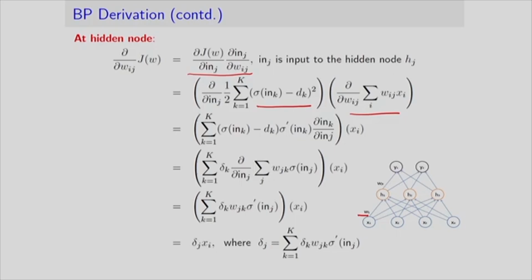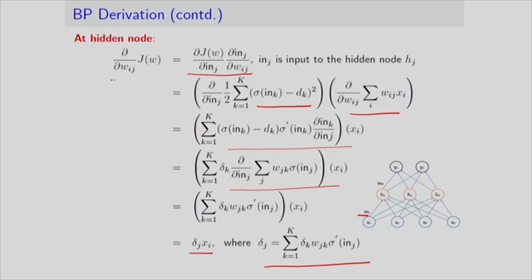So that is the Inj, and after this I have to do the mathematics. You can see all the steps. I am doing the differentiation, and finally I am getting the expression, that is δj into Xi. And what is δj? The δj I am obtaining like this. It is a very simple derivation, and in this derivation you have to see how to get this expression.